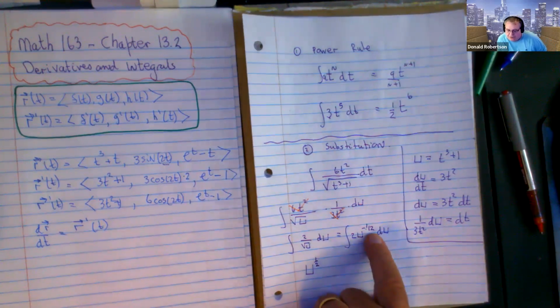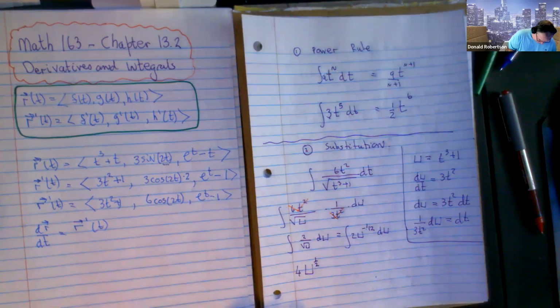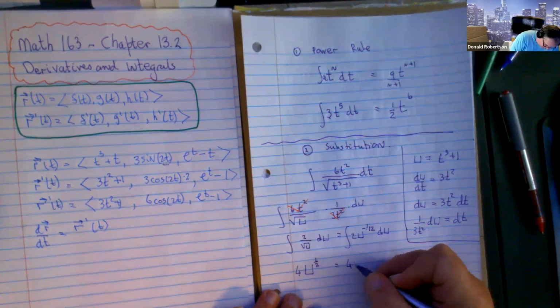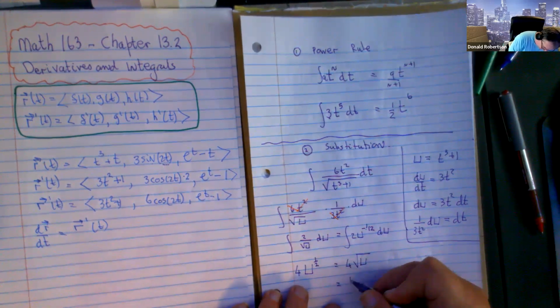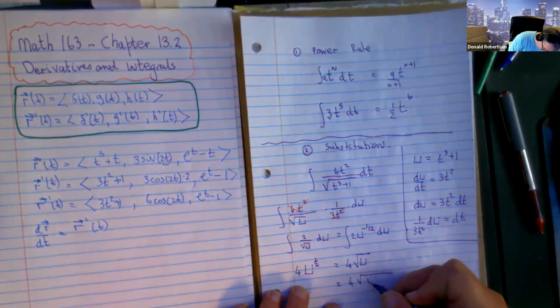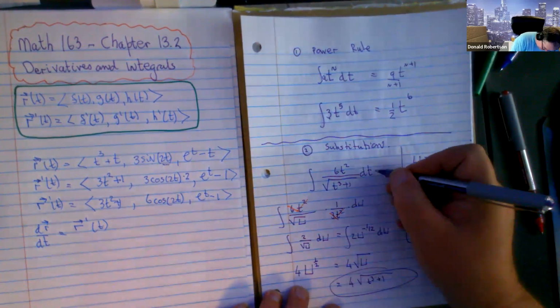Dividing by a half is the same as multiplying by 2. That's why you get a 4 there. You then turn it back into square roots, and to finish, you turn it back into t's. And that is your answer.